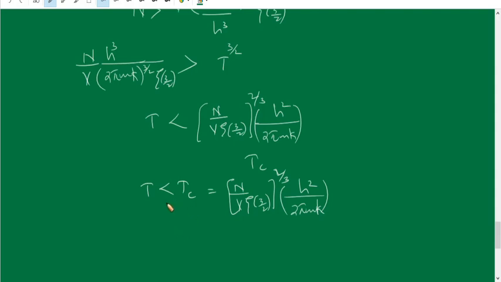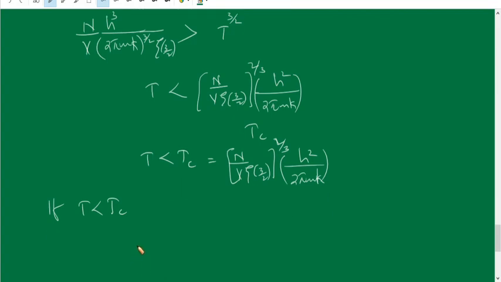So what is this characteristic temperature? If the temperature of the system is lower than this, then in a Bose gas Bose-Einstein condensation happens. If T less than Tc, the system can be considered as a mixture of two phases.